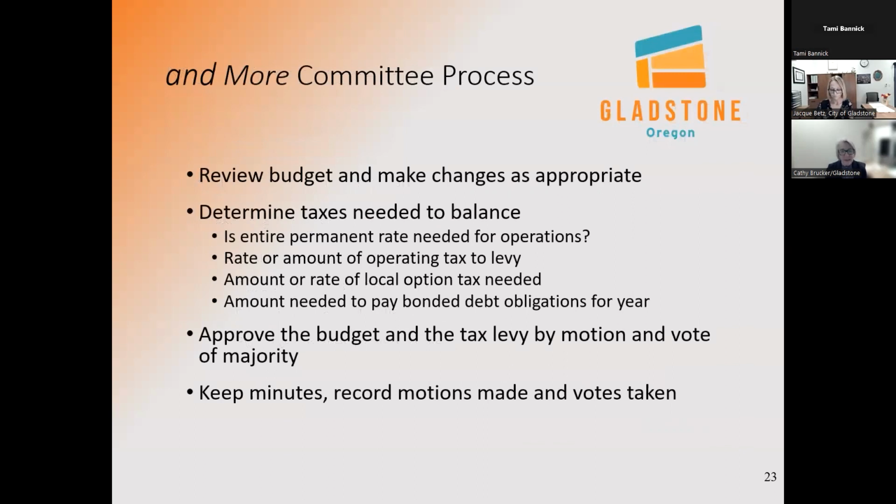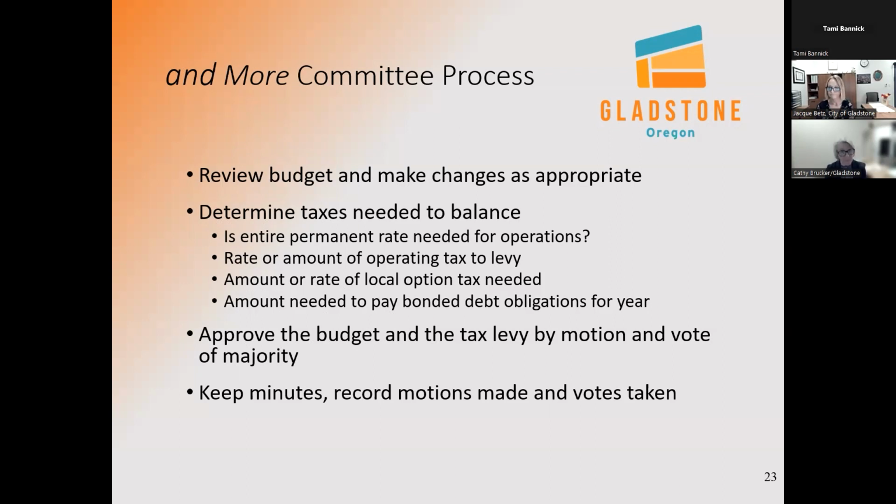More committee process continues with reviewing the budget and making changes as appropriate. Determine taxes needed to balance. Is the entire permanent rate needed for operations? With the city of Gladstone, it definitely is. Then the rate or amount of operating tax to levy, the amount or rate of local option taxes needed, and the amount needed to pay bonded debt obligations for the year if we did have them.